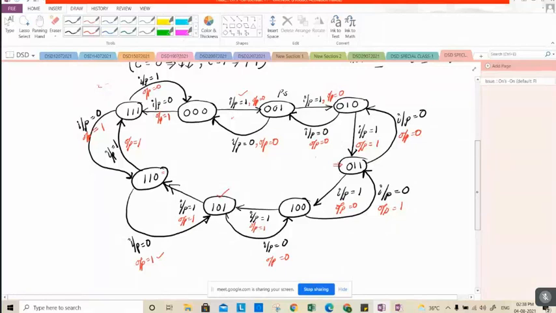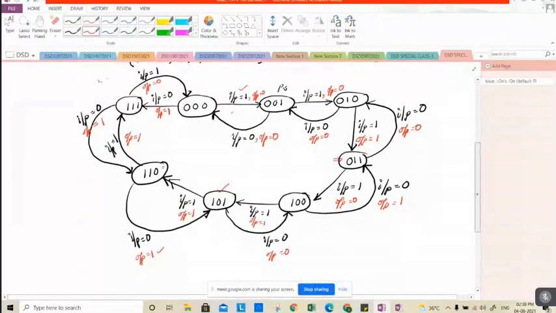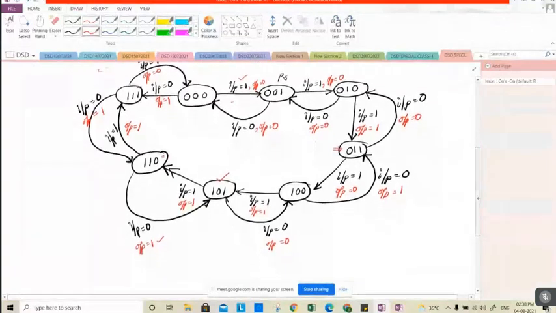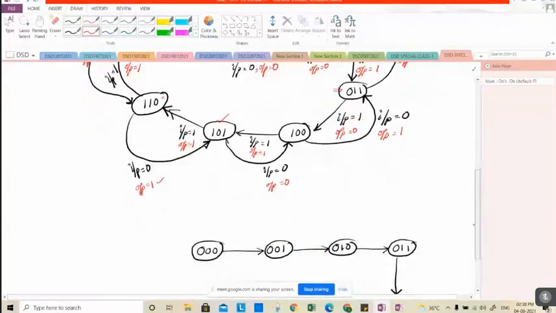Check it once properly. Is there any other state? No sir, that's all sir. No, I don't. Right. Okay.